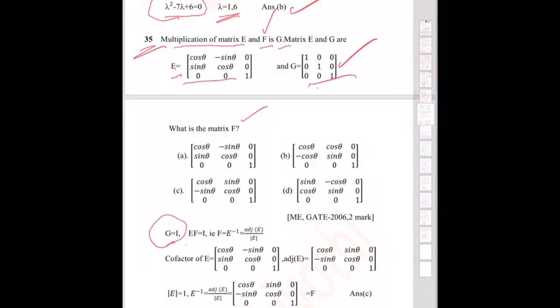Given E into F equal to G, that is E into F equal to I, which implies F is equal to E inverse.